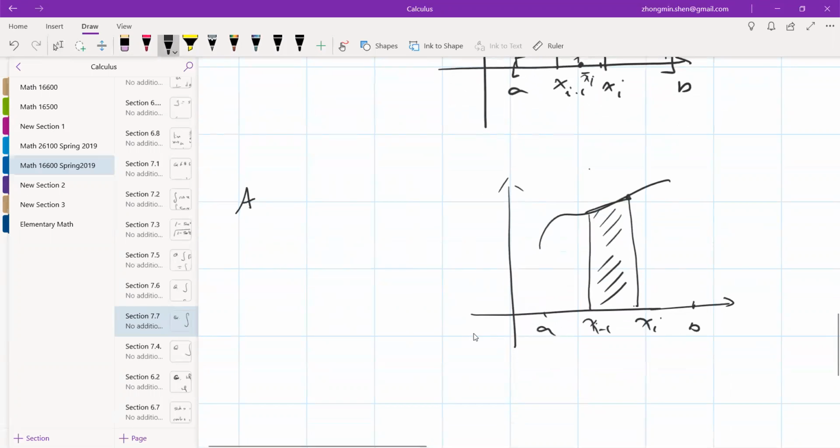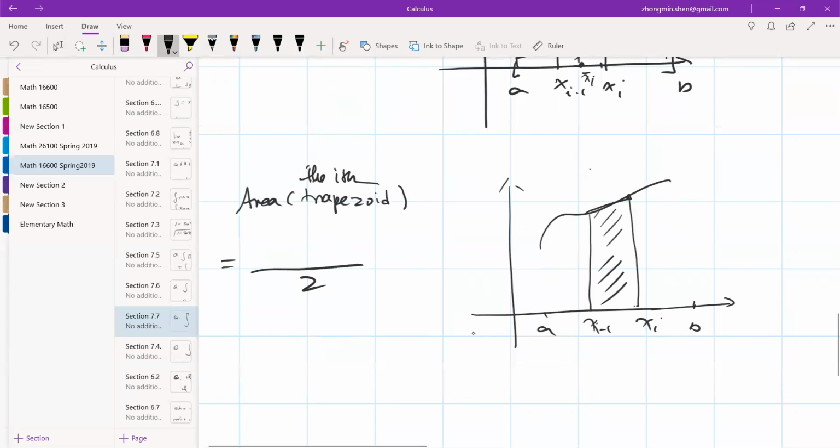So the area of the i-th trapezoid is going to be the average of the heights, half of f of xi minus 1 plus f of xi, the average value of the two bases, times delta x.